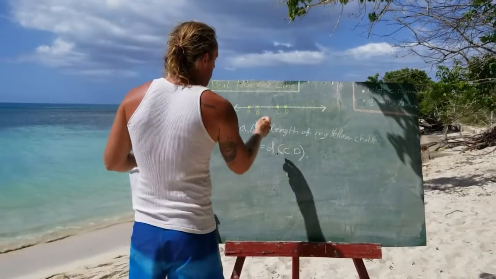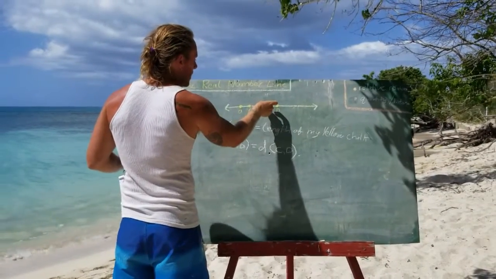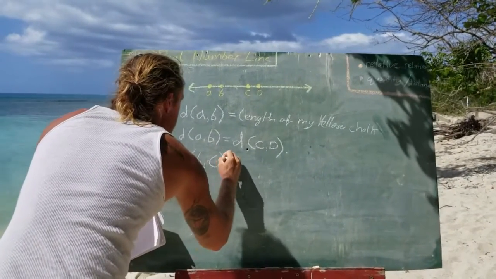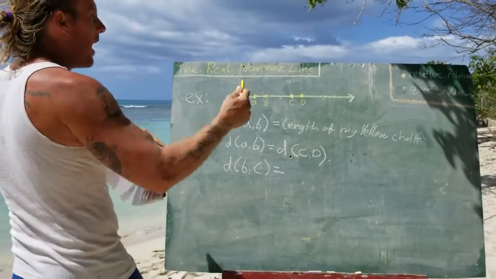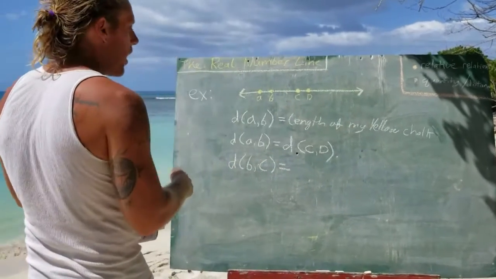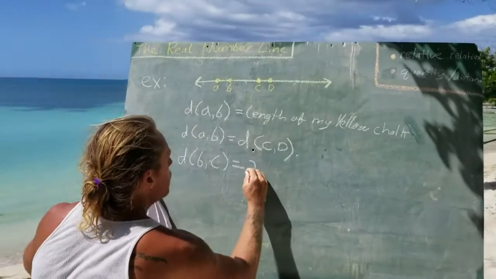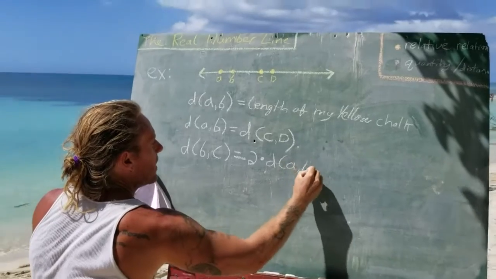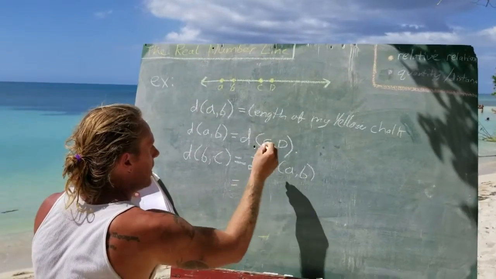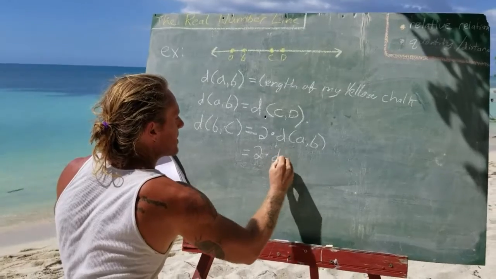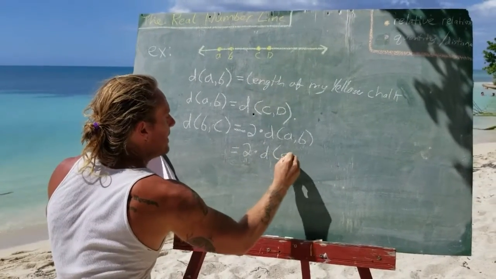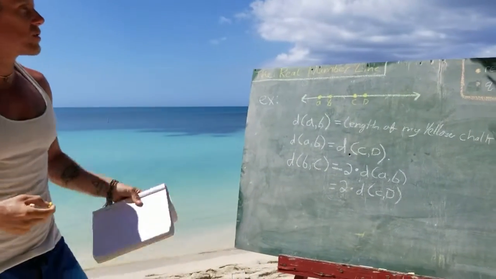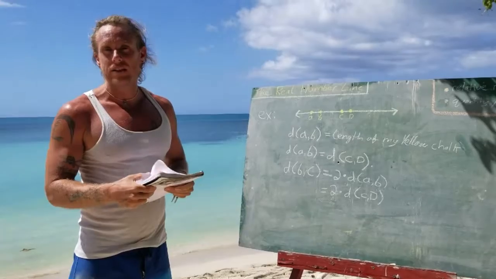Well, what about the relation here? B to C, the distance of B to C is equal to twice the distance of my yellow chalk. Or in other words, 2 times the distance of A and B. Or again, in other words, 2 times the distance of C and D. So we're able to note and denote and keep track of certain quantities based on points on a line.